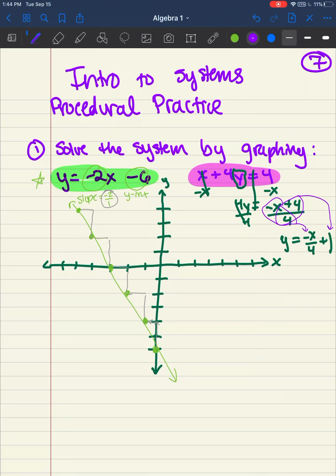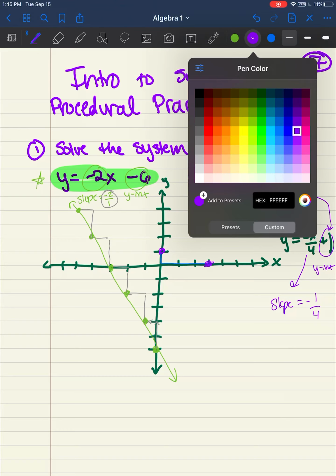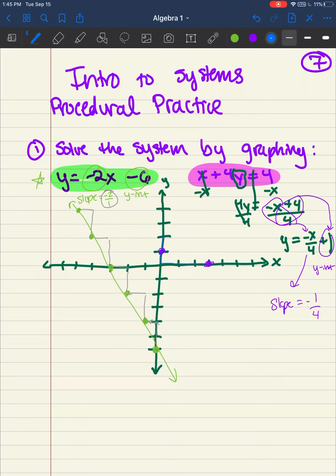All right, for my next one, we're going to start with our y-intercept here at +1, and our slope here is -1 over 4. So here we can go down 1 and over 4, and that gives me a point there, but I want to get closer to this other line, so I'm actually going to go up 1 the other direction and over 4.